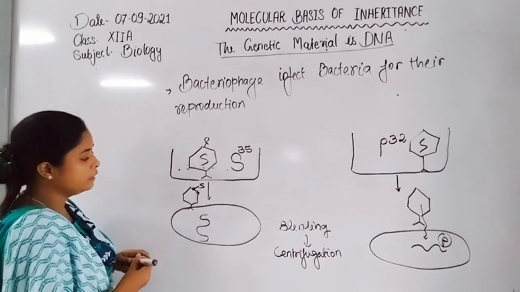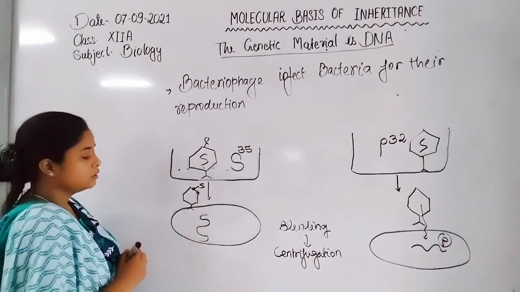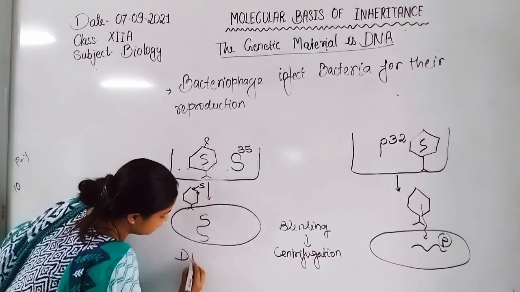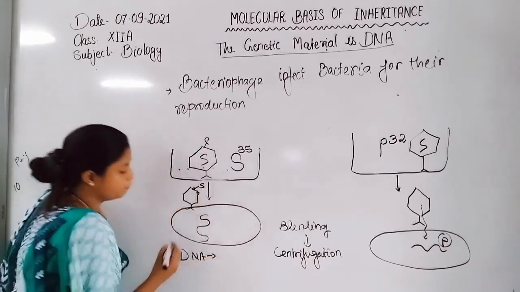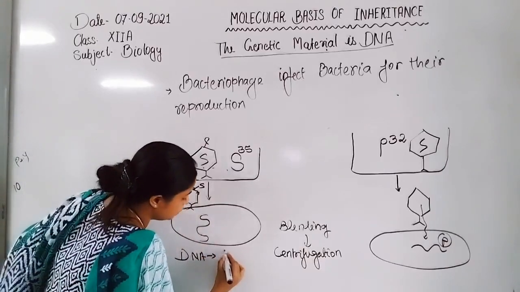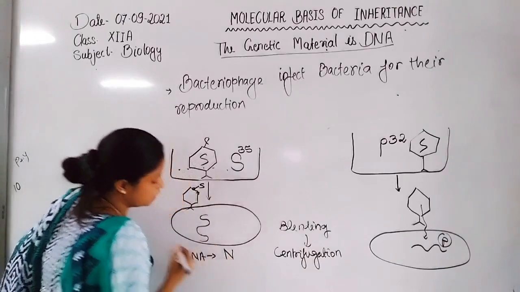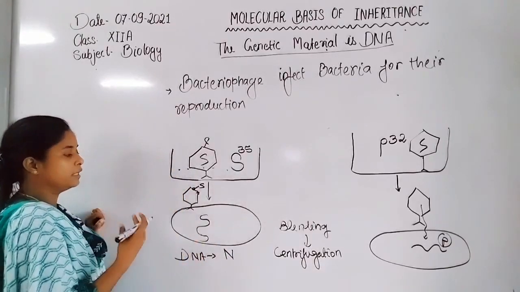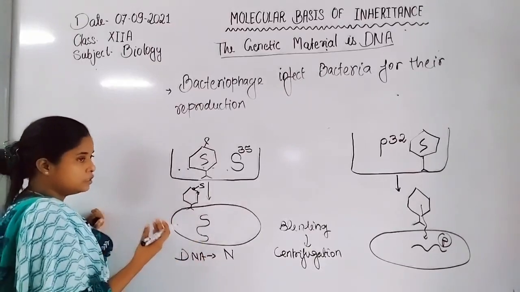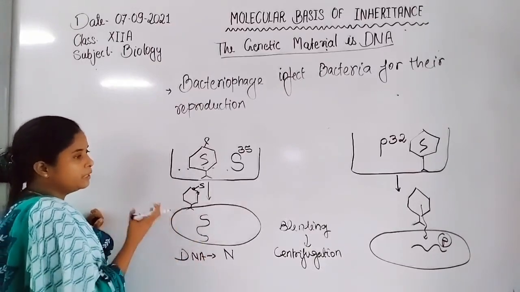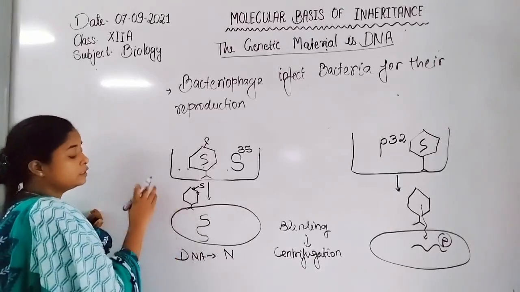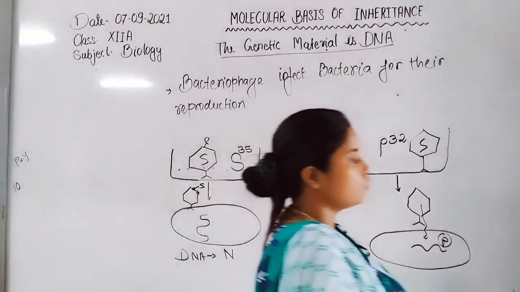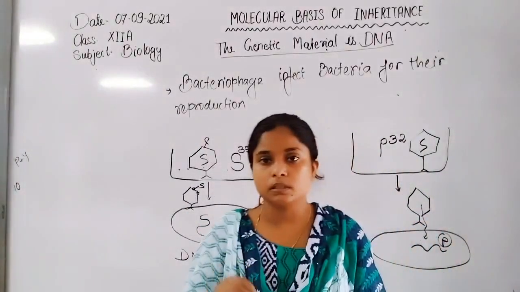After the centrifugation, they identified that the bacterial cell, obtained in normal condition, has only DNA and doesn't have radioactivity. When he centrifuged the supernatant, he identified that only the protein was radioactive, not the DNA.